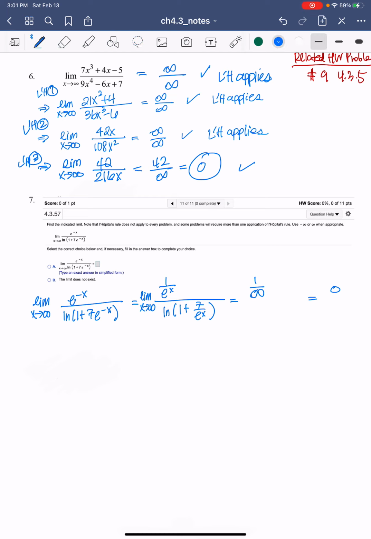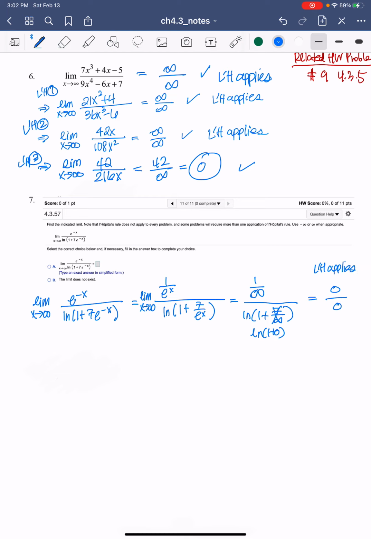Now on the bottom, if I plug in infinity, I have ln of 1 plus 7 over e to the infinity, which is infinity. Now this is 0, so I'm really having ln of 1 plus 0, which is ln of 1, which is also 0. So we have an indeterminate form, so L'Hopital's rule applies.